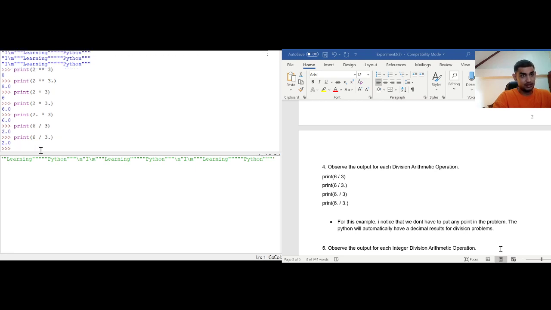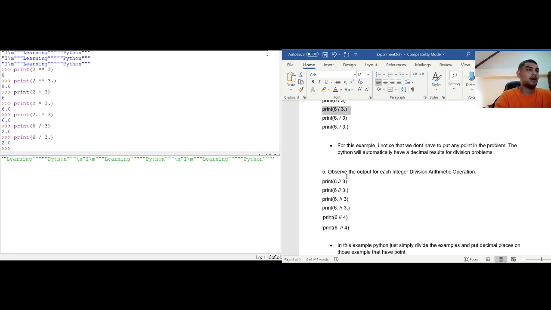For the division arithmetic operation, when we use 1 slash, it doesn't matter if you have a point or not, because in division with only 1 slash, the answer will always have a decimal point, or the answer will always have a remainder in decimal. For this example, I noticed that we don't have to put any point in the problem. Python will automatically have decimal results for division problems with only one slash.